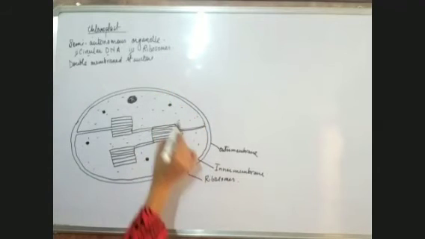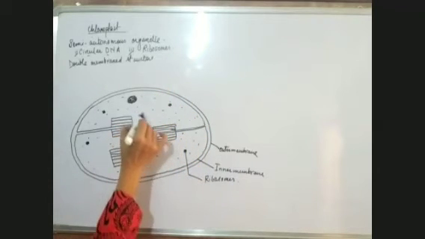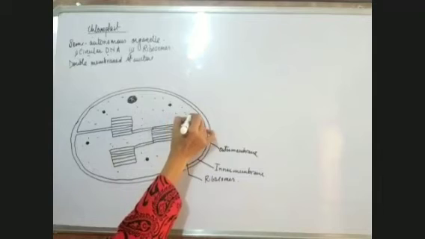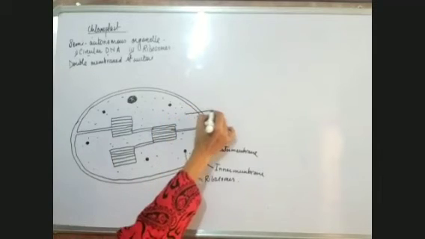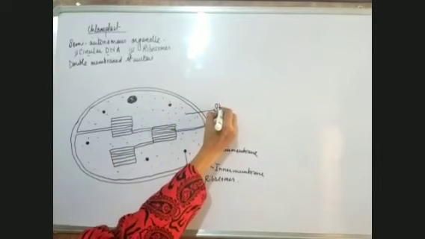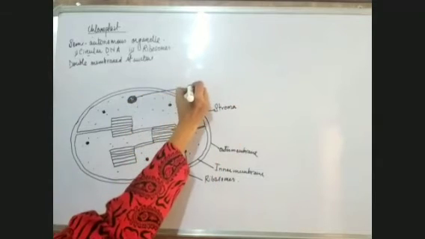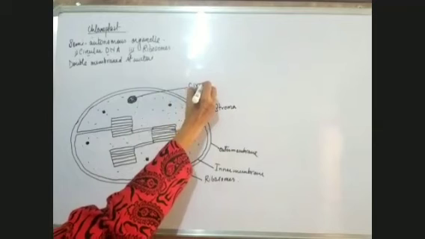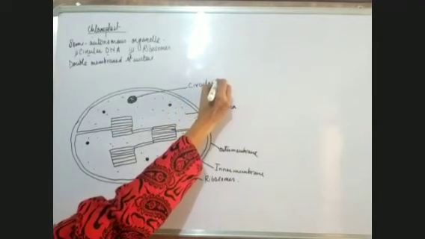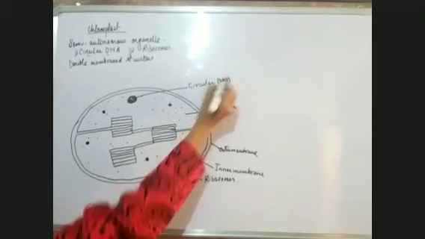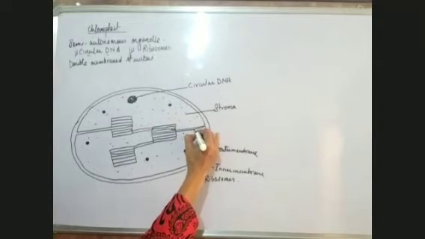We have this, the ground substance. This ground substance is known as stroma. This is circular DNA. This is stroma lamella.